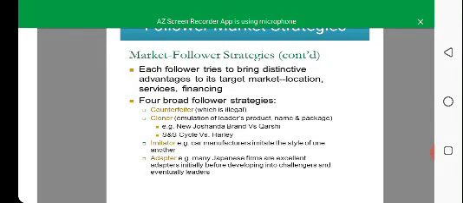There are basically four follower strategies. Counterfeiter, which is illegal. Cloner: copy the same thing as their leaders, but the name and the packaging are different, like New Johar Joshanda versus Karshi Johar Joshanda. Imitator is about the image.